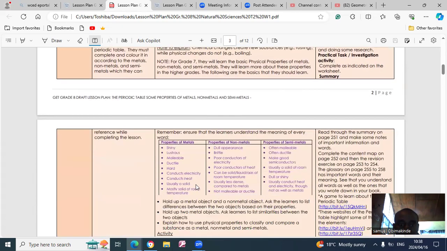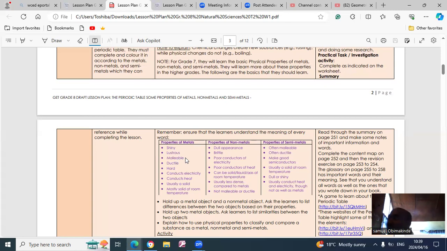Right. So let's look at some properties of metals, non-metals, and semi-metals. Most metals are shiny, right? Generally, metals are shiny. Now, metals are lustrous. Lustrous and shiny mean almost the same thing. Then metals are malleable. By malleable, you mean being able to beat the substance into different shapes.